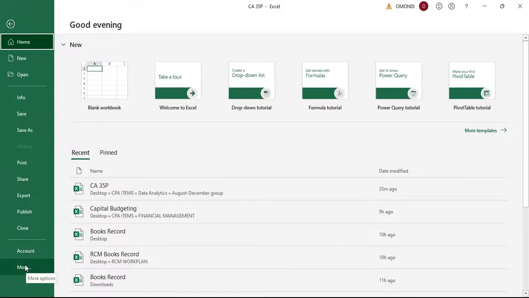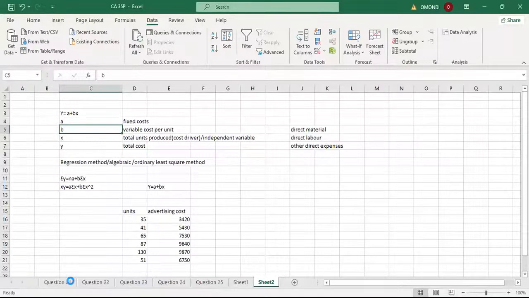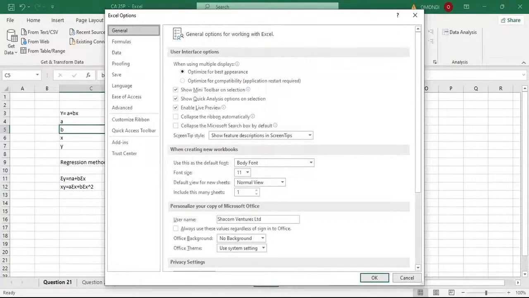We are looking for Options. In my case, I have to look for it under this key here, More. For others, they have it indicated in this list somewhere here. So we now move to this place and look for Options.